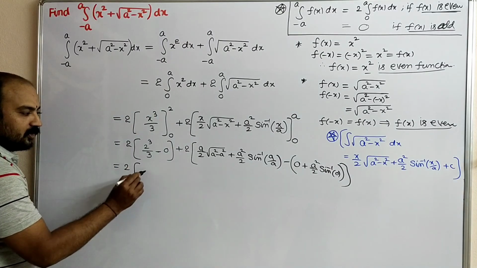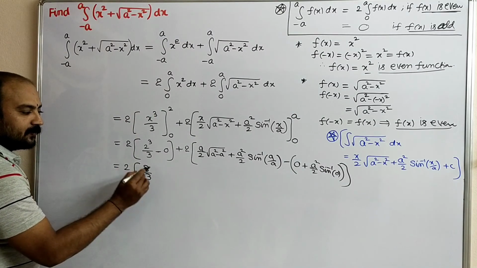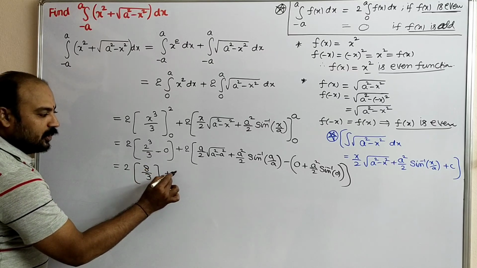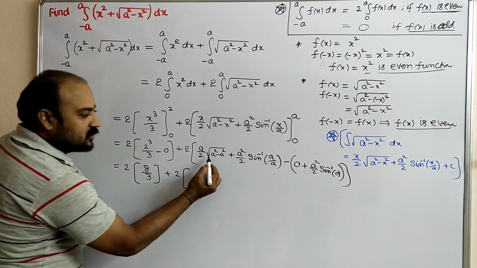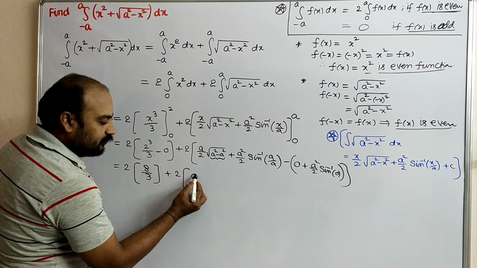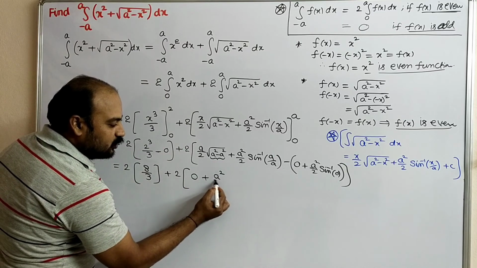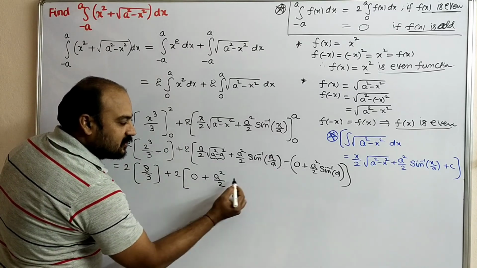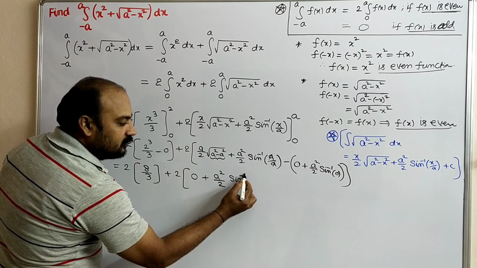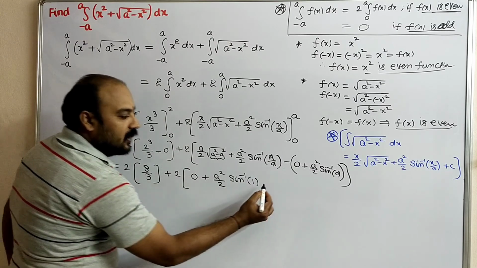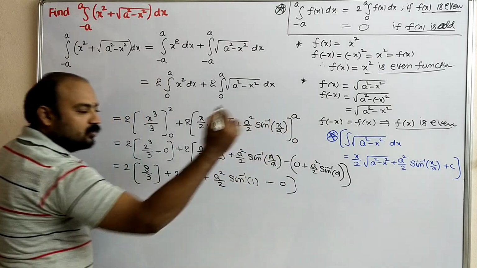So 2 into 8 by 3 plus 2 into a square minus a square 0 plus a square by 2 sine inverse of 1, minus this value is completely 0, sine inverse 0 is 0.